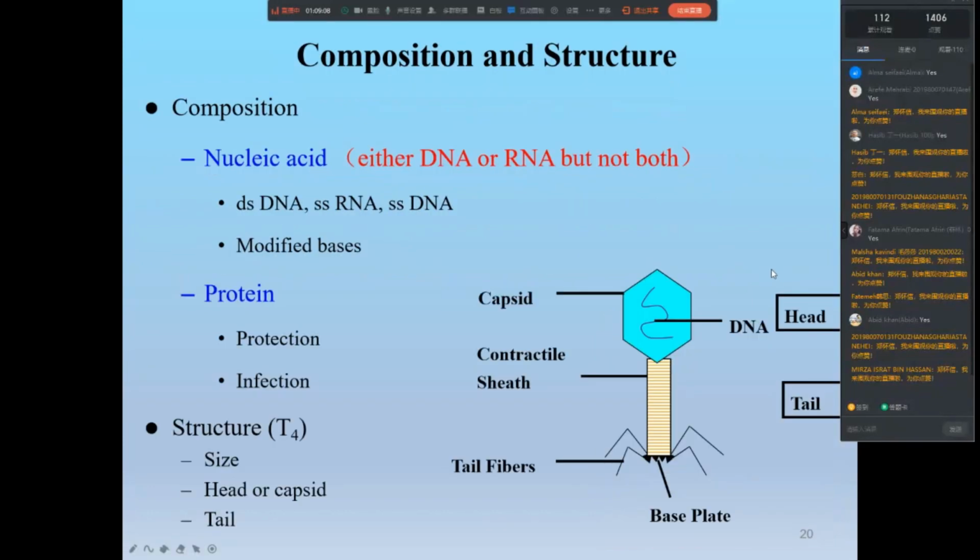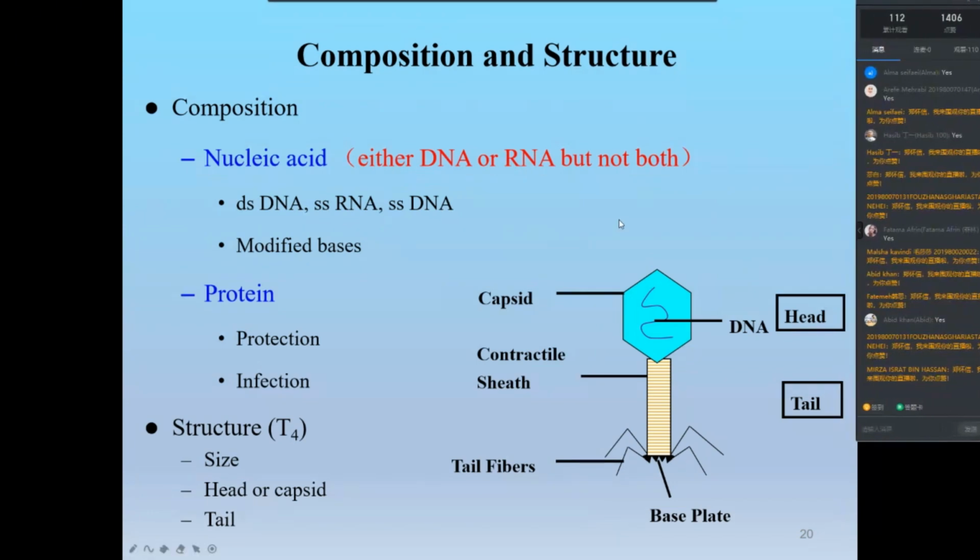Okay. Here I will show you the structure of one bacteriophage. Actually, we are more familiar with this T4 phage. It looks like this. It contains a head structure, which is a cubic structure.